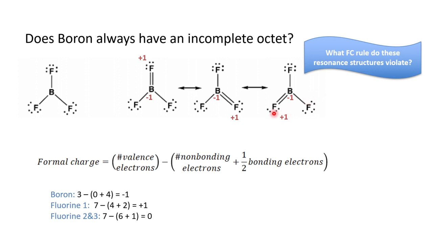This means that we are violating that rule of putting the negative charge on the most electronegative atom, because boron is negative and fluorine is positive. So this means that this is likely not a large contributor to the structures that exist for boron trifluoride. And this is much more common.